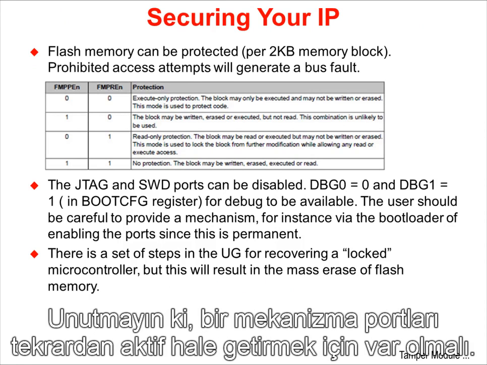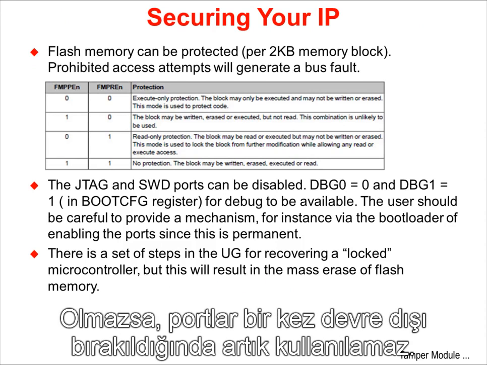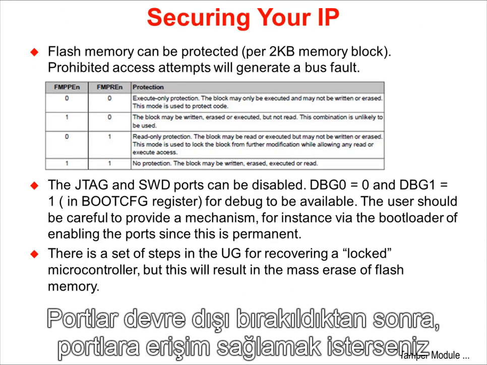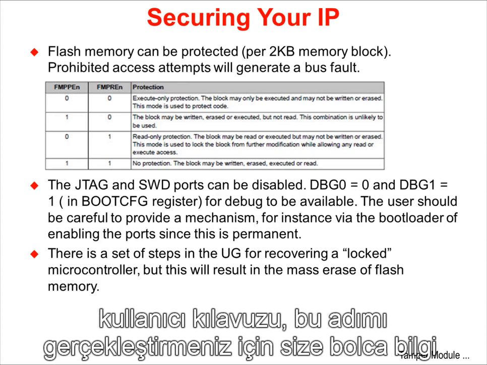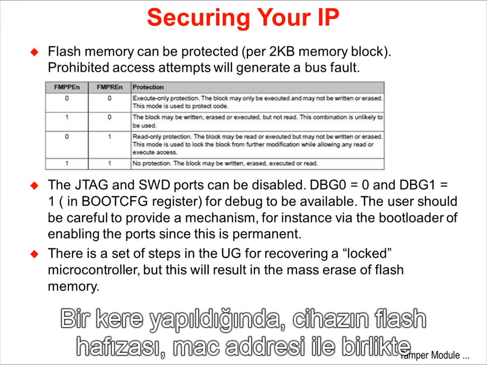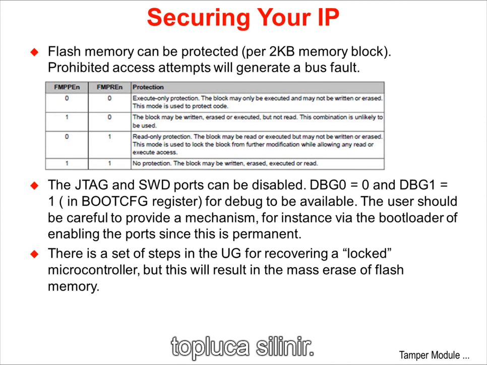Bear in mind that a mechanism should be provided to re-enable these ports, since the device will be inaccessible once the ports are disabled. In case you require access to the device after the ports have been disabled, the user's guide provides an extensive set of steps to accomplish this. Once done, the device's flash memory, including the MAC address, will be mass erased.